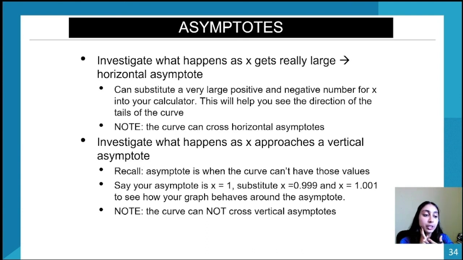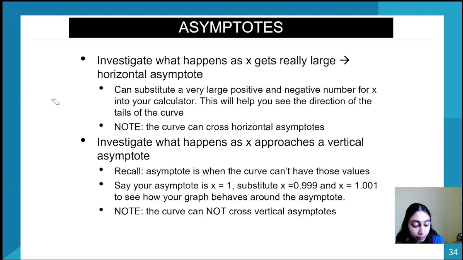So an asymptote is something that the curve will try to approach but never actually reach. It's like a massive love tragedy that never ends. So a horizontal asymptote could look a little something like this, where it'll try and approach it, but it just never will get there.